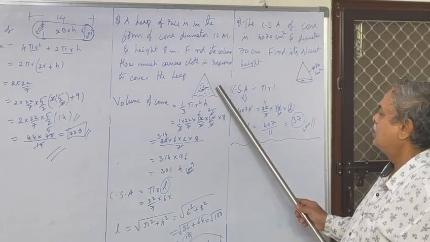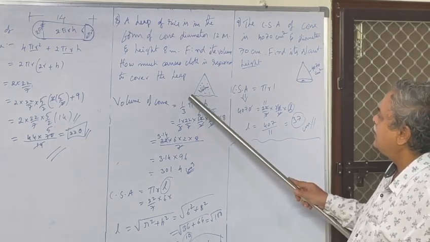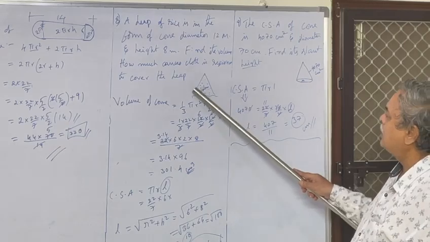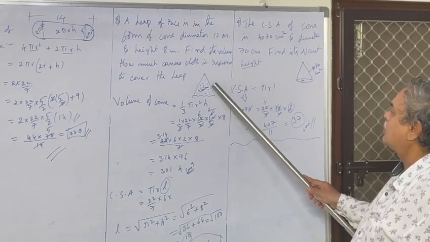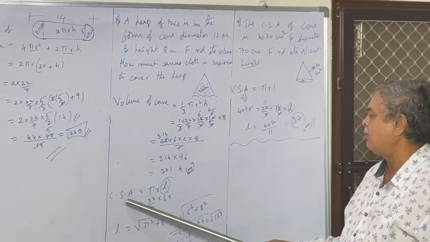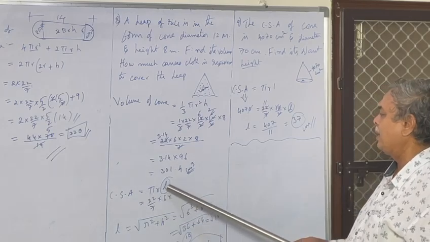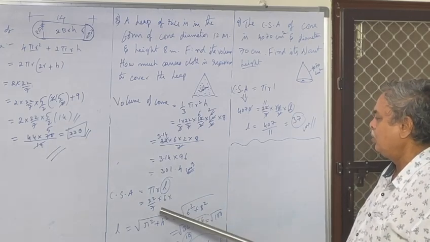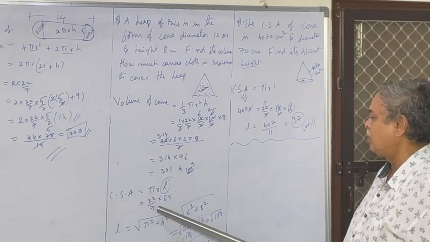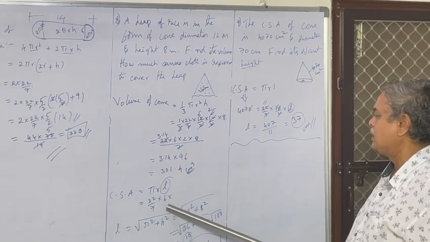We will have to cover this whole heap of rice with canvas cloth. That's why you have to find the CSA, the curved surface area of the cone. The curved surface area is equal to pi r l. We don't know l. We know pi is equal to 22 by 7 and r is 6.